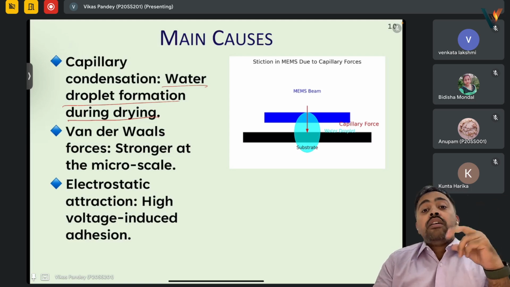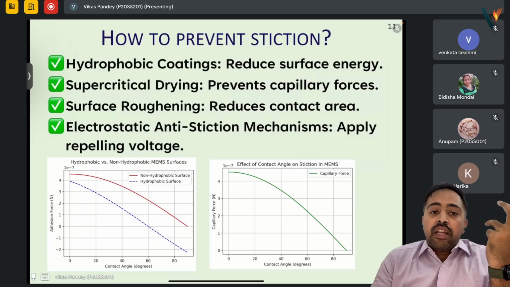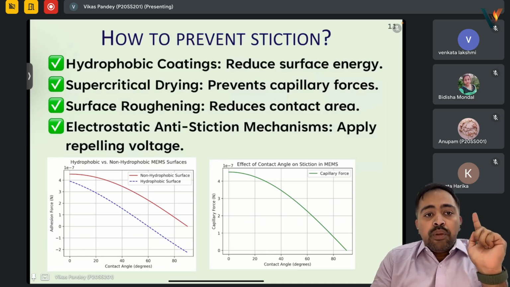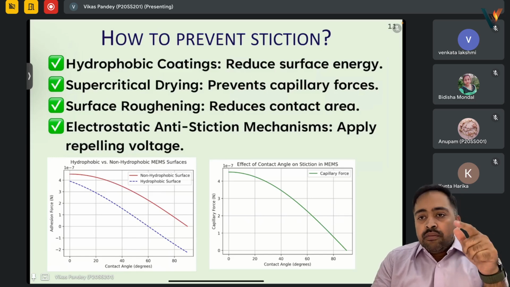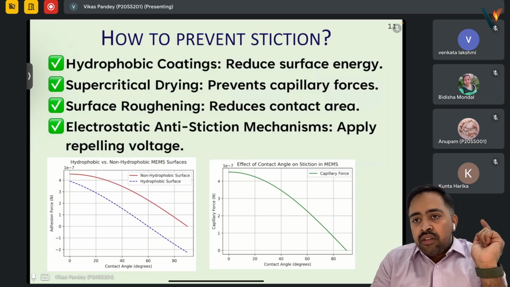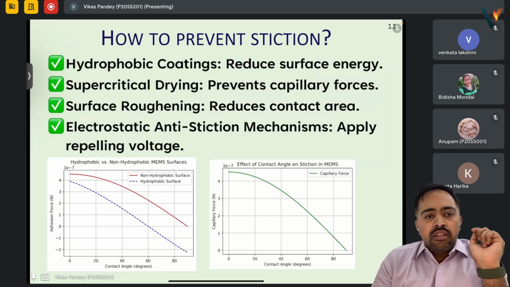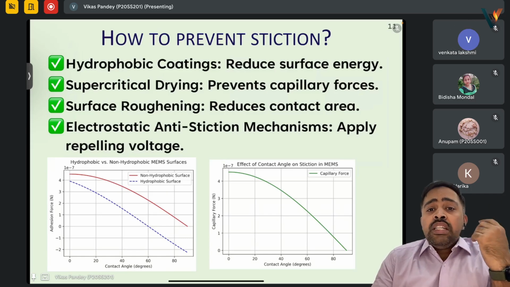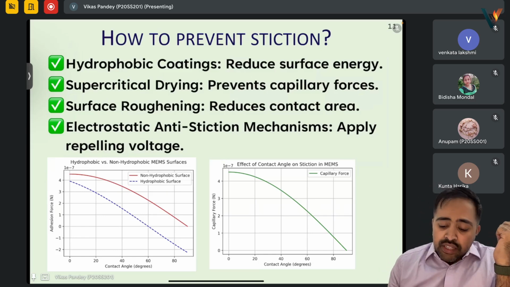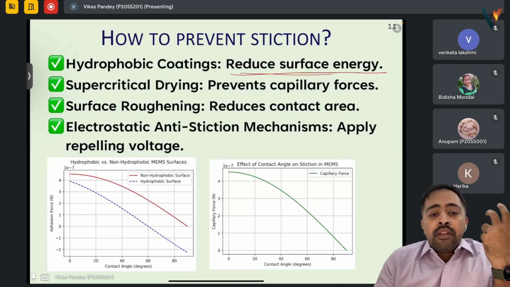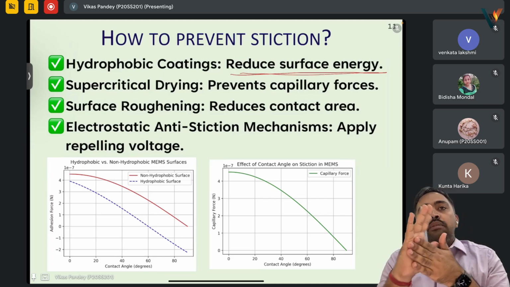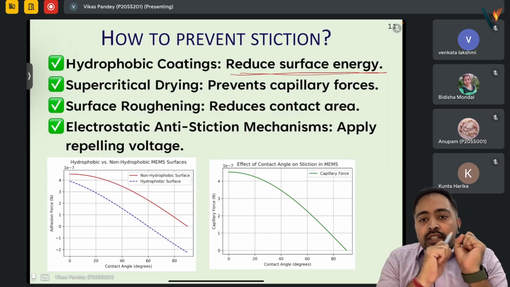Then there are other structural changes that can be done. One is hydrophobic coating, that reduces the surface energy, and reducing the surface energy will lead to less availability of the surface for any attraction or adhesion.